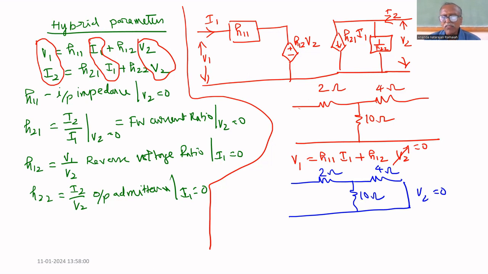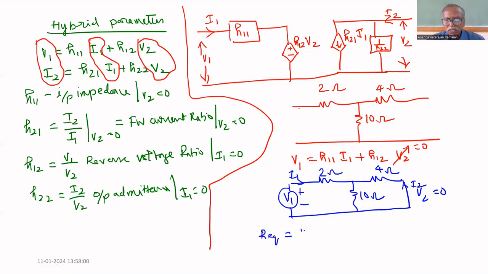Now we have to find V1 by I1. This is I1, applied voltage is V1. 10 ohm and 4 ohm are in parallel. Current through this is I2, not required now. What is the equivalent resistance?